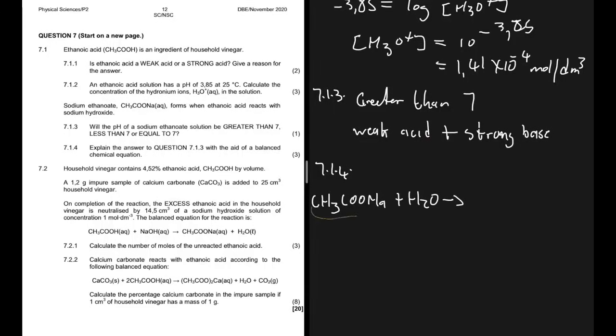Because we're saying that this is a base, since it has a pH of greater than 7, this has to be an acid. So a base will accept a proton, right? And then the acid will donate a proton consequently. So if CH3COONa accepts a proton, we're going to have CH3COOH plus NaOH.